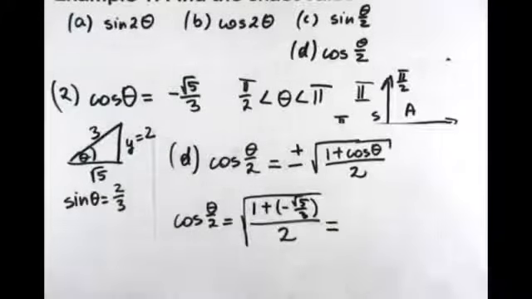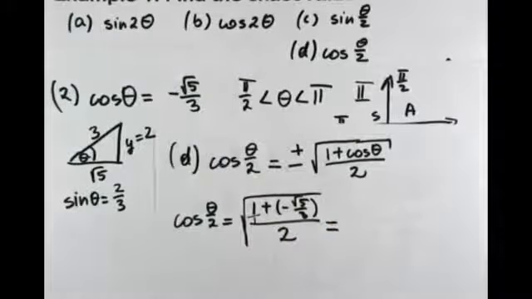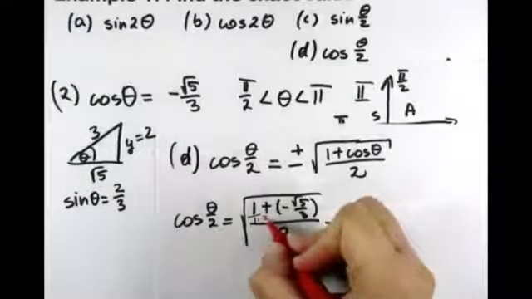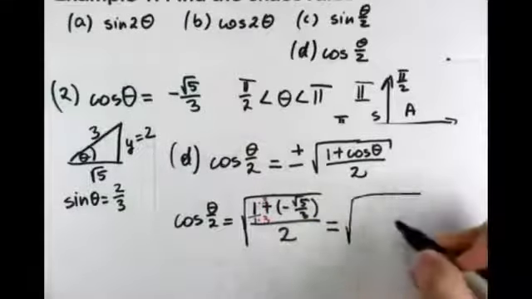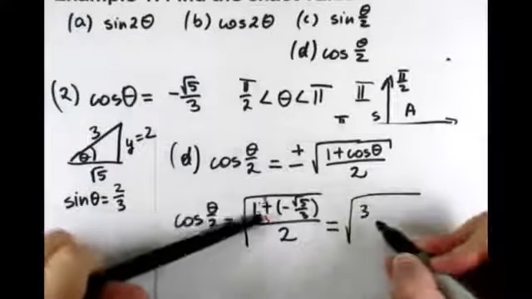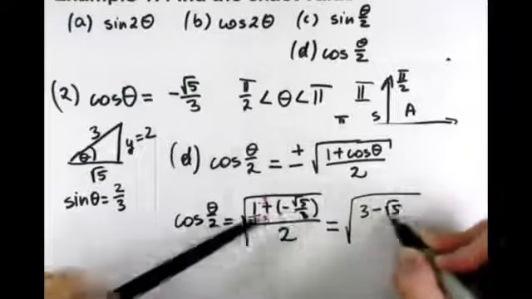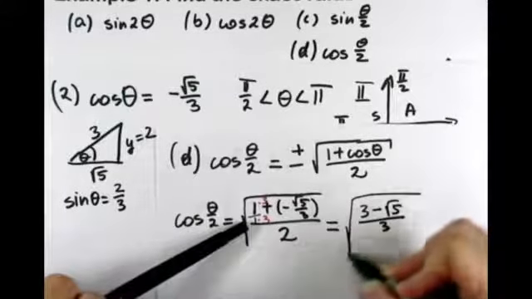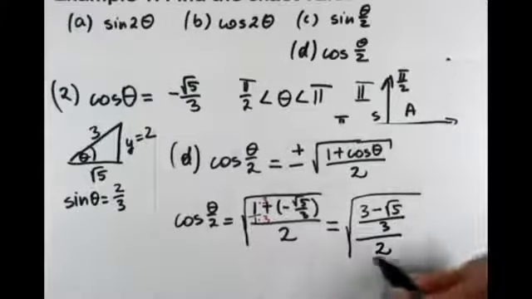So this is equal to, we do need to find a common denominator as before. 1 is like 1 over 1. Common denominator of 1 and 3 is 3, times 3 times 3. So this gives me square root of 3 plus and minus gives me minus, so minus root 5 over 3, and all over 2. 2 is like 2 over 1.